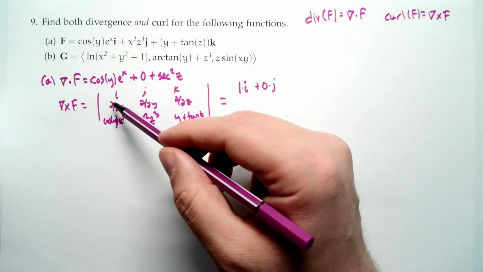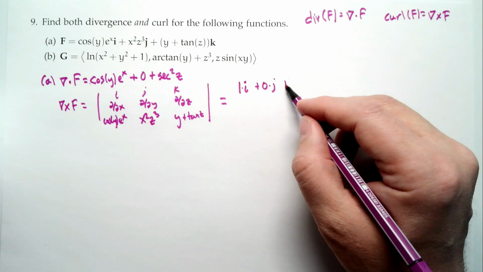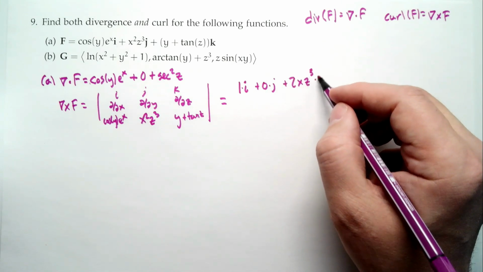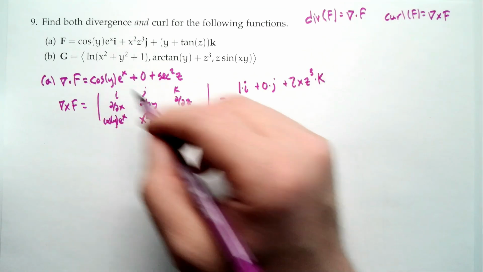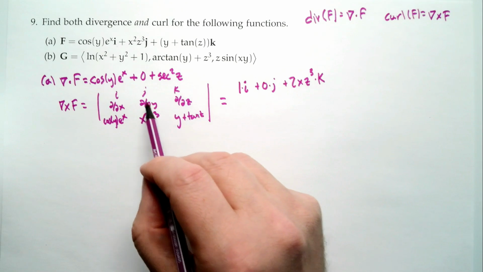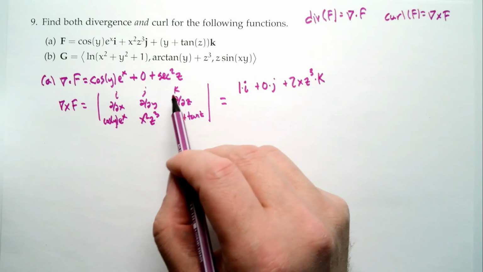For k, partial x of x squared z cubed. The derivative with respect to x gives us 2x z cubed, and that's in the k direction. Then we're going to take the derivative with respect to y of cosine y e to the x, with respect to k.